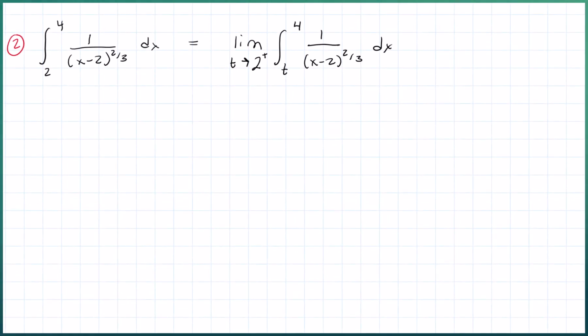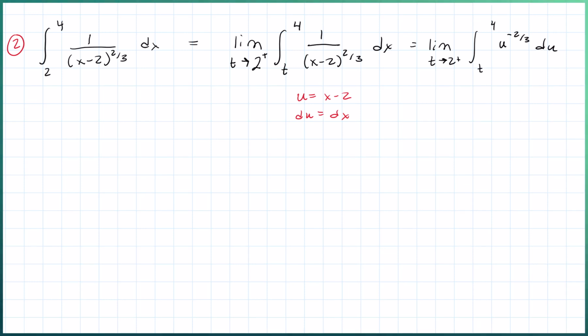This is going to be very similar work for the integral. Although the bounds are different, the u is still going to be x minus 2. We do a little u substitution, du equals dx, and this becomes the limit as t approaches 2 from the right of the integral from t to 4 of 1 over u to the 2/3, which I'll write as u to the minus 2/3 du.